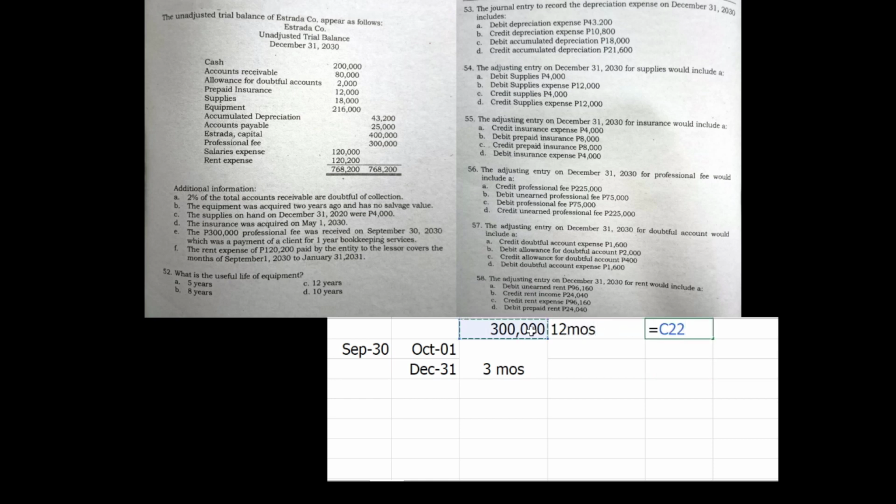So, 300,000 divided by 12, that is 25,000 per month. Ibig sabihin, for December or for 2030, yung totoong revenue lang talaga natin or yung totoong professional fee lang talaga natin is 25,000 times natin ng 3 months. So, 75,000 lang. Ito lang dapat. Pero, yung naka-record is 300,000. So, dapat i-adjust natin yan.